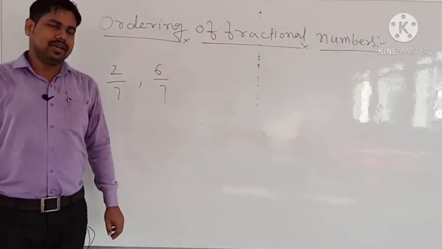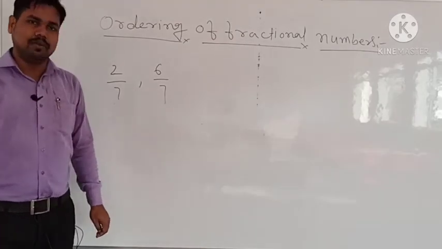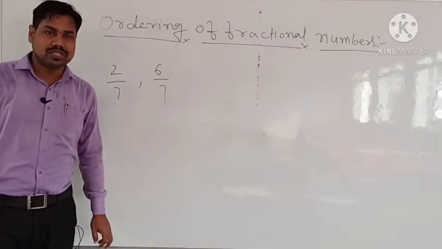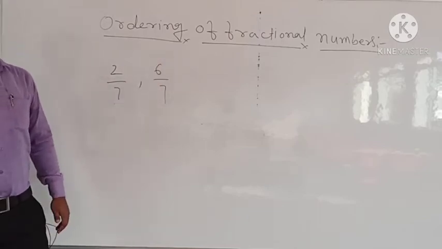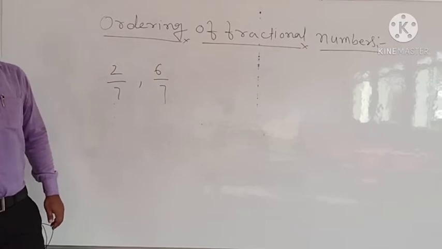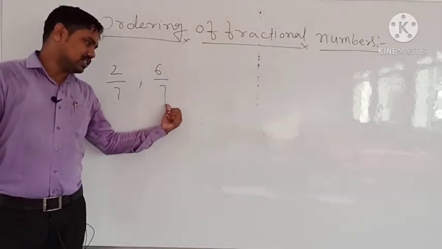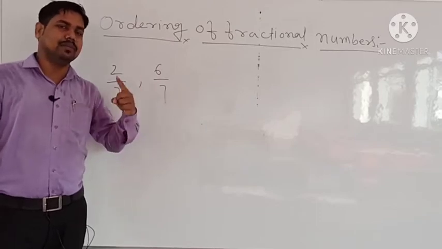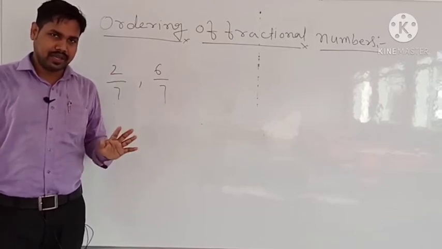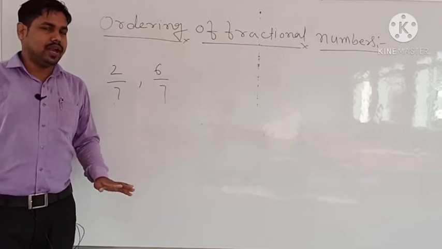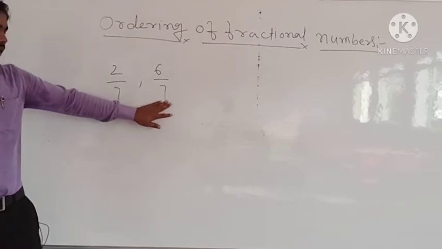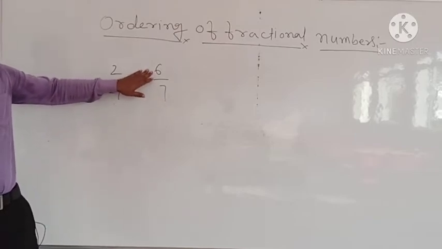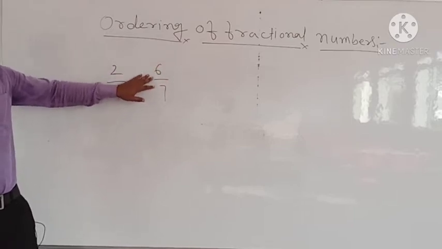So whenever both the numbers, or all the numbers, are like fractions, you just have to check the numerator of the number. Whichever numerator is greater, that will be the greater number. But this is in case of like fractions only, when the denominator is the same. Okay, so again I would like to repeat, whenever the numbers are like fractions, that means the denominators are the same, then we will check the numerators. Whichever numerator is greater, that number will be greater.